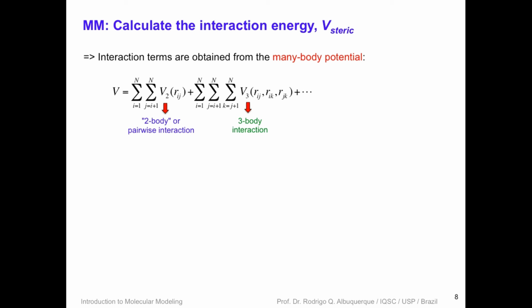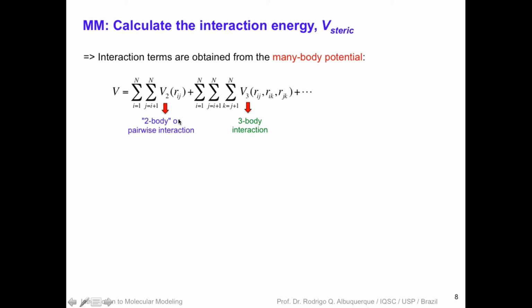Let's see how to calculate the interaction energy, the V steric, the potential energy of the system. First, let's recall how to calculate the very precise, the real energy of a system of many particles, of many atoms. If we use the many-body potential, it's possible to calculate the real energy of the system.